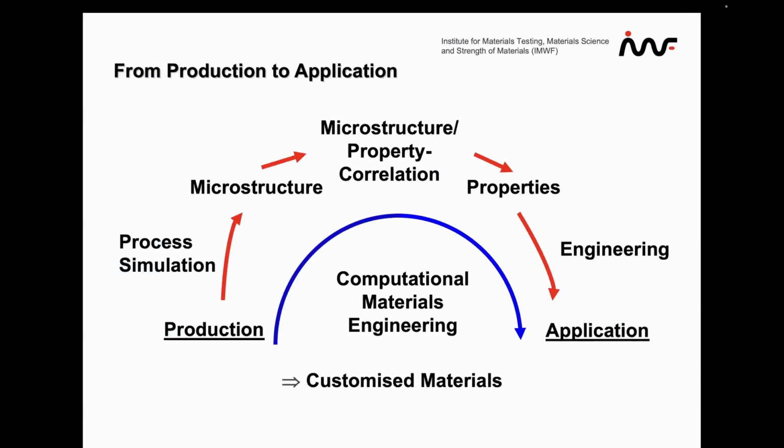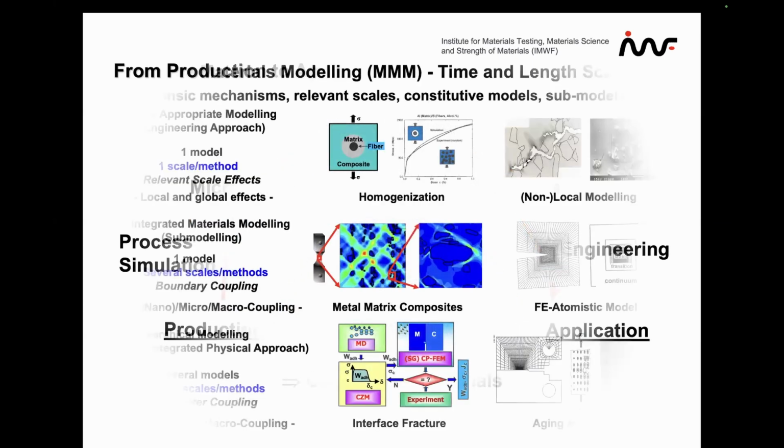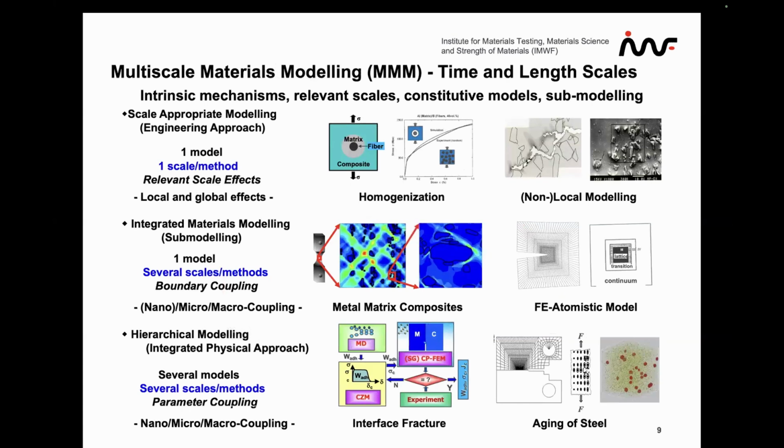And bring out that computational materials engineering helps us to customize materials from production over microstructural property relationship to the application which is needed. So in the past, people looked on different aspects on the microscale, using homogenization techniques for non-local and local modeling for fracture, with one model on one scale and one method.